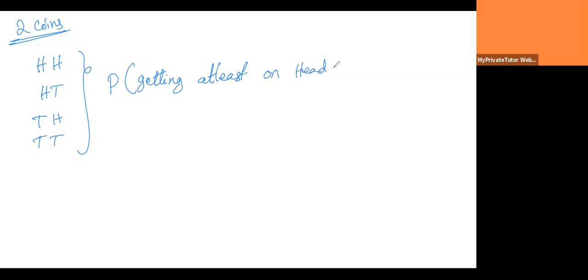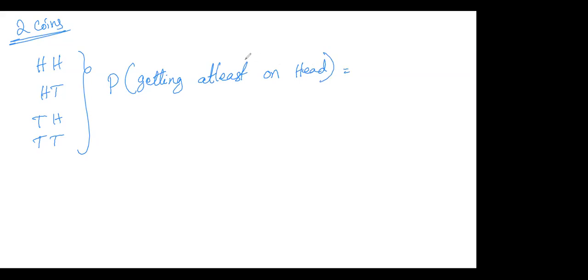What do you mean by that? At least one head means what? Sir, I don't understand. Like, if it is 2 coins, then how is it like head, tails, head, and tails? There's like 4 of them, right?